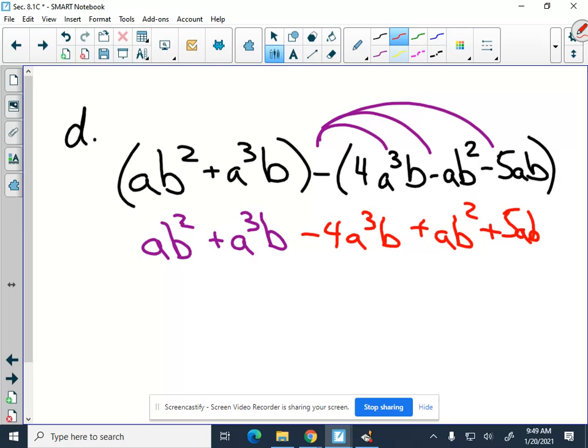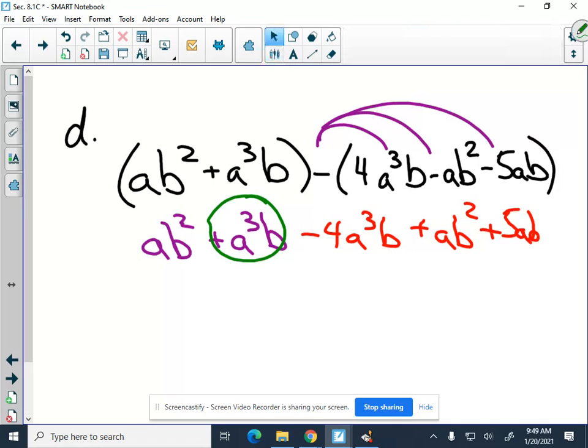Okay, now where we start, typically, math has order, so we want to use the order. So we usually start with the highest power of the variable that comes first alphabetically. So I'm going to look at the A's first. So here, I see an A to the 3rd power, but it also has a B on it.